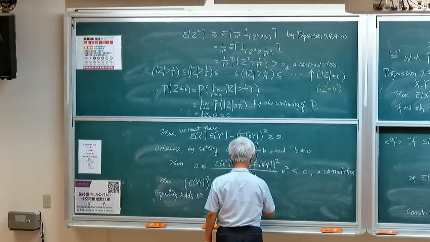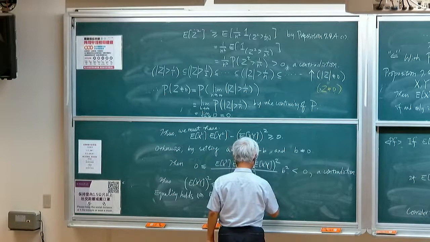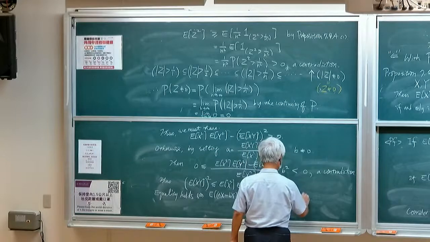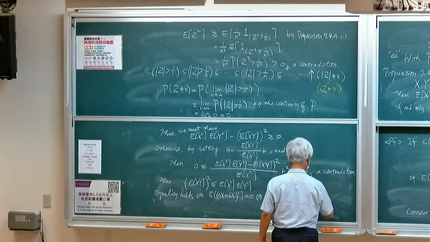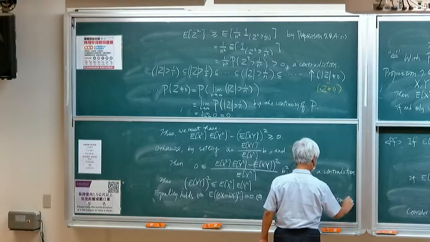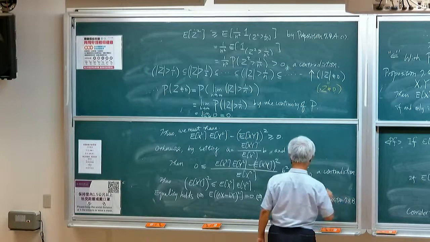And if and only if ax minus by equals 0 with probability 1, by proposition 7.4 point B.